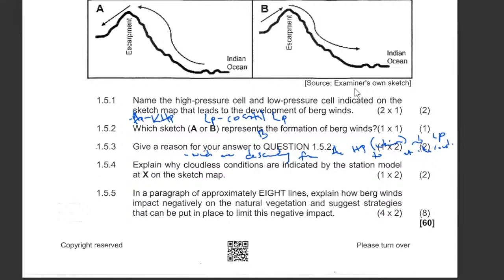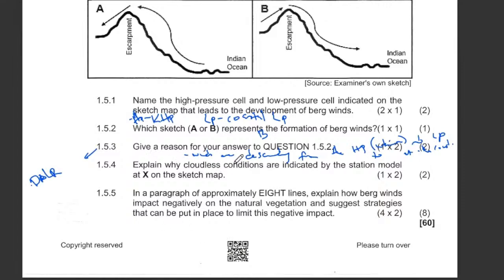Also say that the heating is at the dry adiabatic lapse rate. The winds are heating at a dry adiabatic lapse rate. As you descend, the temperatures are increasing.